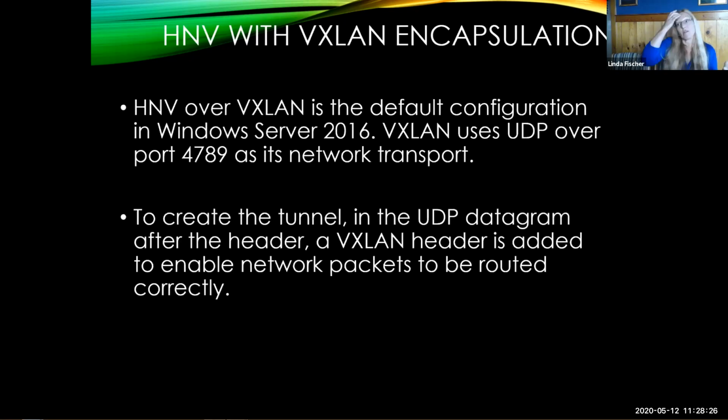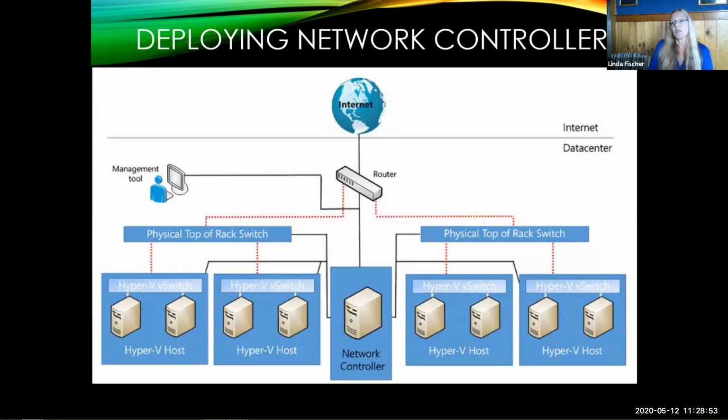VXLAN is the default. So instead of using your NVGRE configuration, you can use VXLAN, and that's the default. And in Windows Server 2016, you have to deploy the network controller feature in order to implement VXLAN for HNV. And it's going to be using port 4789 as its network transport. So here, we're deploying our network controller, which is a new feature in Server 2016.